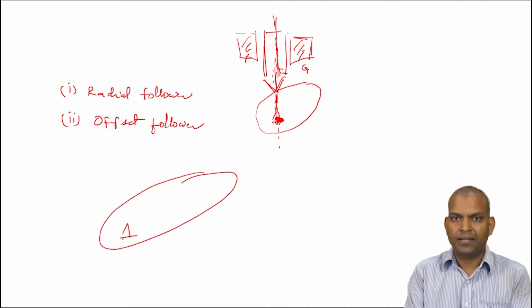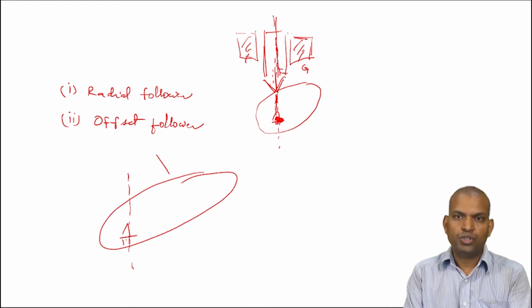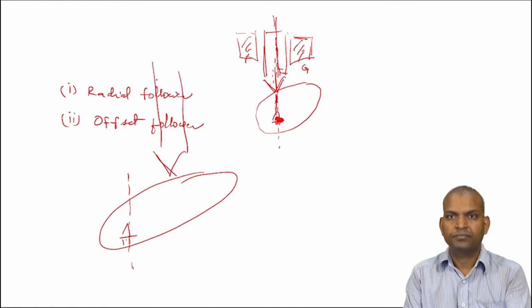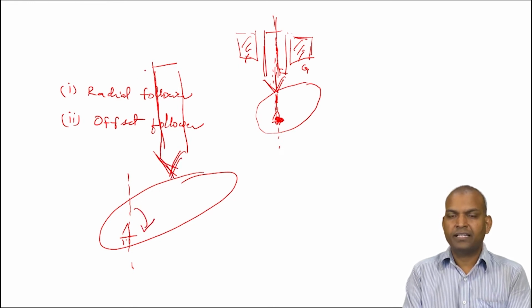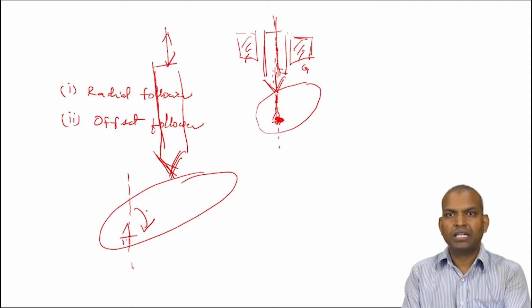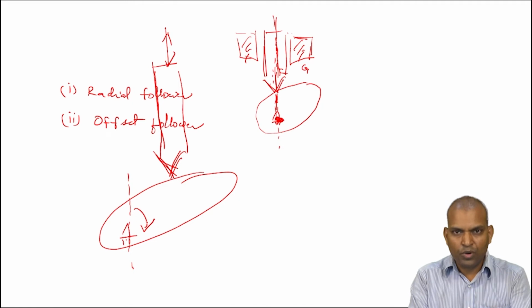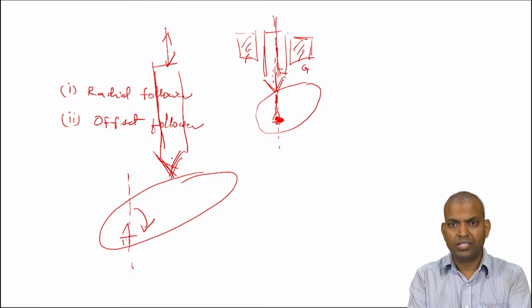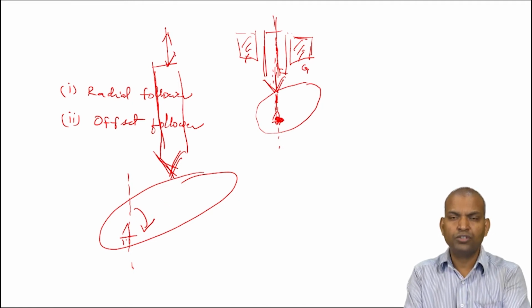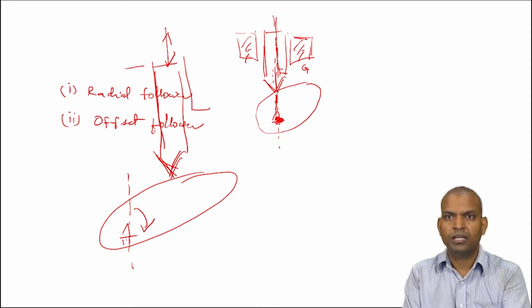Suppose this is the cam. This is the center of the cam, but your follower is somewhere else, in touch with the cam. When the cam rotates, the rotary motion of the cam is converted into reciprocatory motion of the follower.